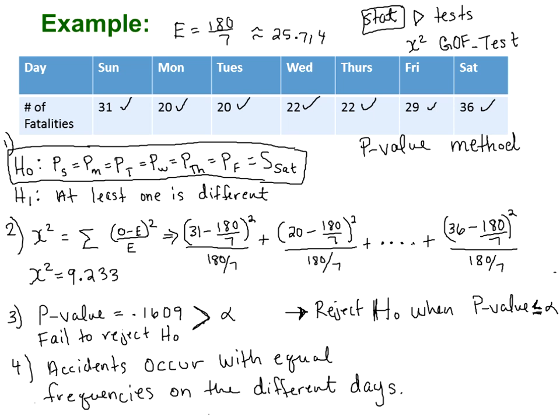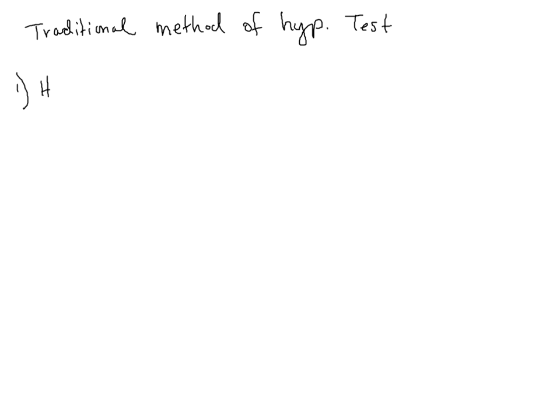Now, if you were using the traditional method of hypothesis testing, then you would have to use your critical value. So let me get a new page. If we were using the traditional method of hypothesis testing, our first step would be the same.